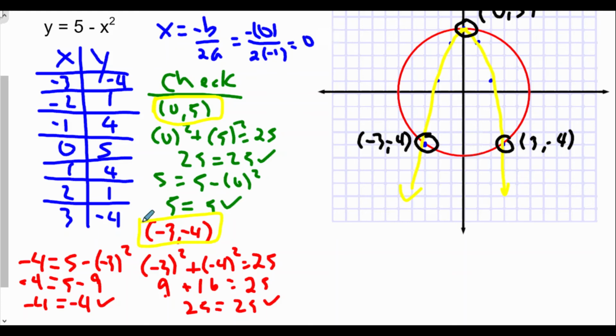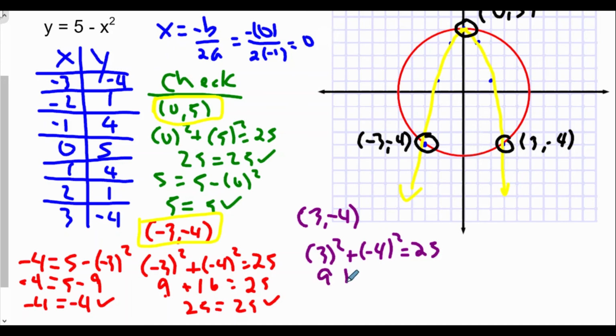And finally, we're going to check the third one. Our third coordinate is (3, -4). Does 3 squared plus -4 squared equal 25? 9 plus 16 equals 25. Yeah, 25 equals 25. That's a check.